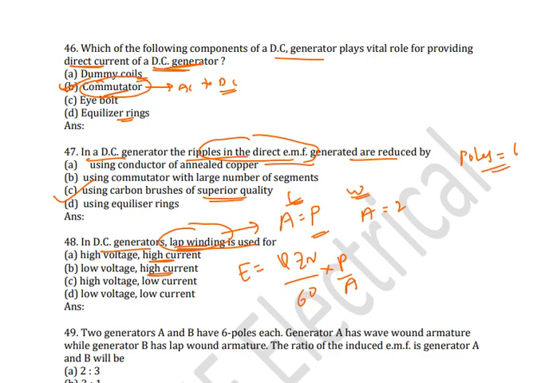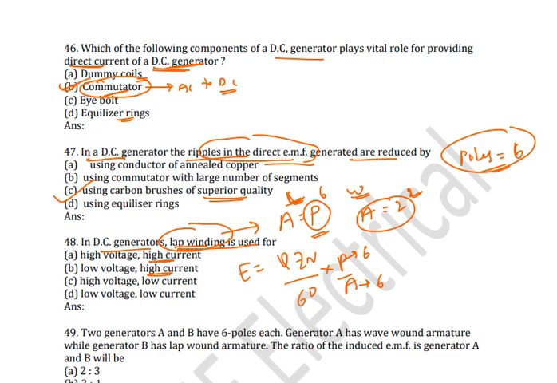In lap winding the number of parallel paths becomes 6, and in wave winding the number of parallel paths is fixed at 2. For lap winding, P is 6 and A is 6, so they cancel, and E equals pi Zn by 60.